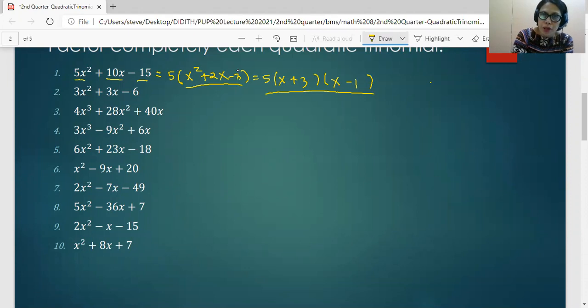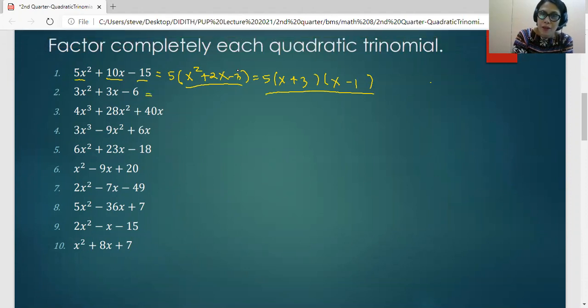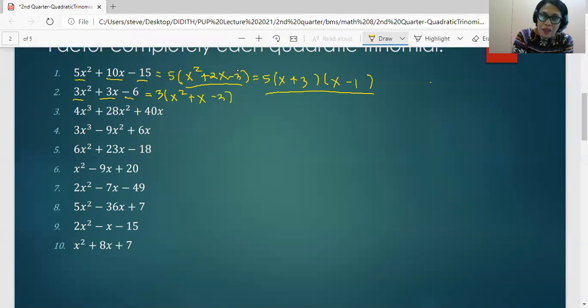Likewise, in number 2 here, class, this trinomial has a common factor, which is 3. So we will move out that common monomial factor and we will divide all these terms by 3. So this will be x squared, and then 3x divided by 3 will be x. Negative 6 divided by 3 will be negative 2. Again, this would be easier to factor. So we will rewrite 3 here since 3 is considered as one of the factors, and then two binomial factors representing this quadratic trinomial factor.